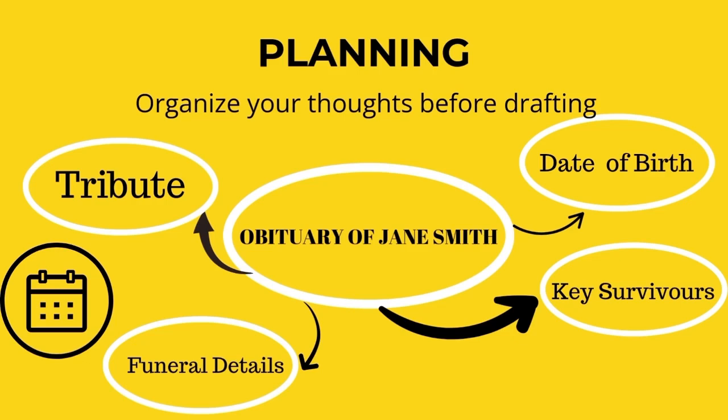On the biographical information or achievements, we'll talk about a compassionate nurse who loved gardening. On the branch on funeral, we say the funeral will be on 1 February 2025 at St. Paul's Church. Then we also write a tribute. For example, we can say, she touched countless lives with her kindness and care.